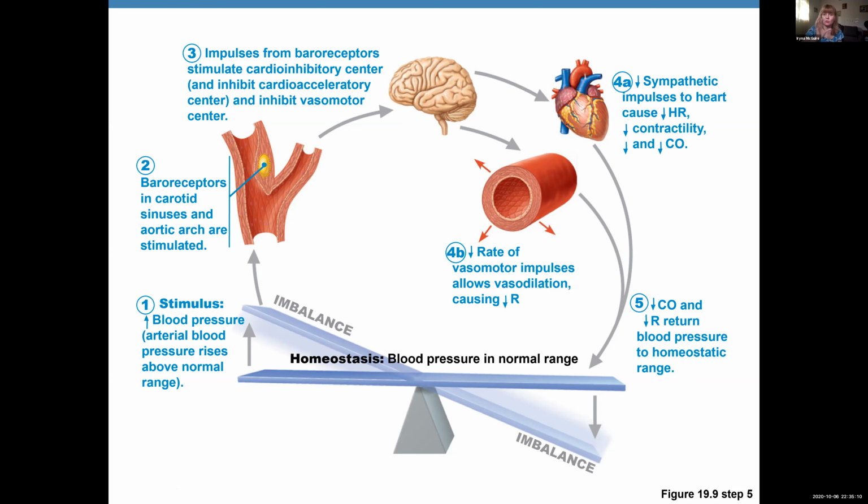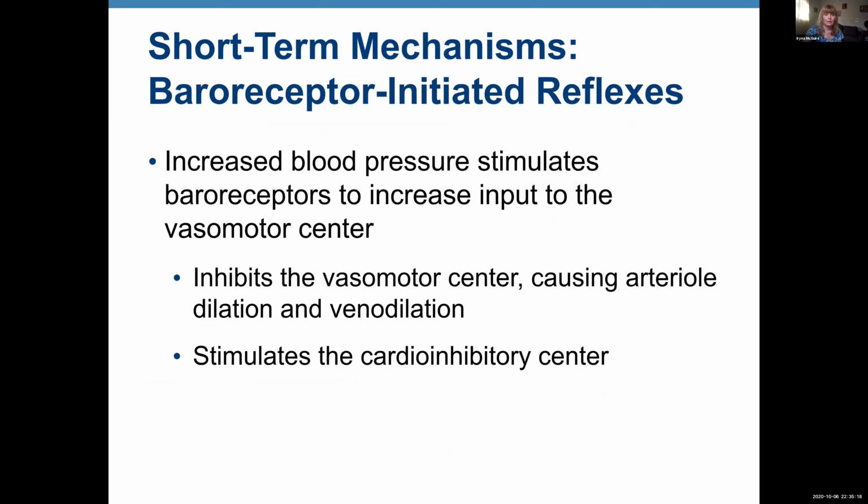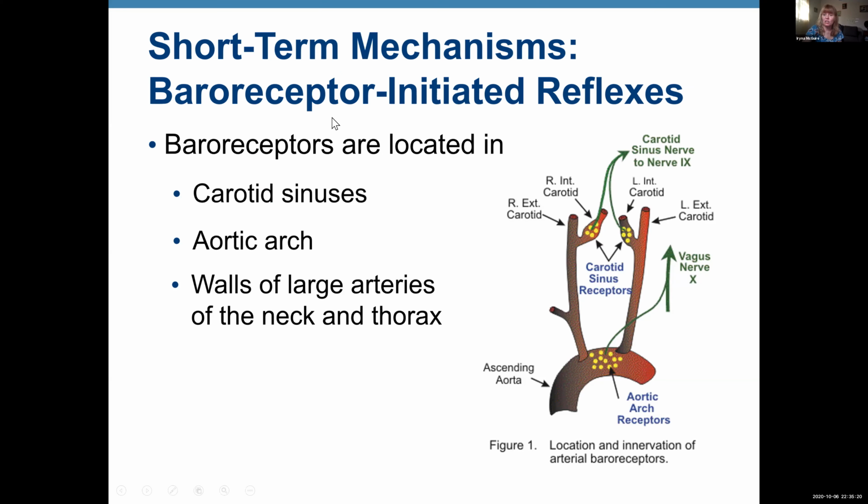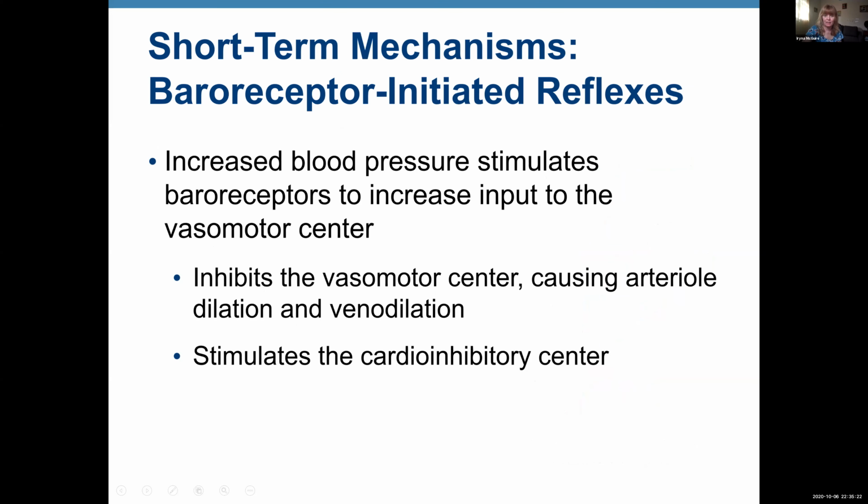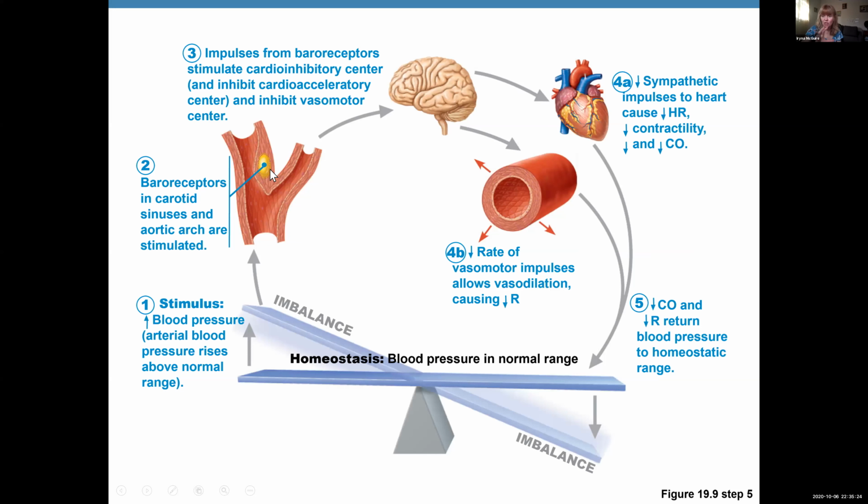And so it's gonna be short-term regulation, and it's gonna be done by baroreceptors. So it's gonna be this one, Baroreceptor-Initiated reflex, that is neural control and short-term control of your blood pressure.